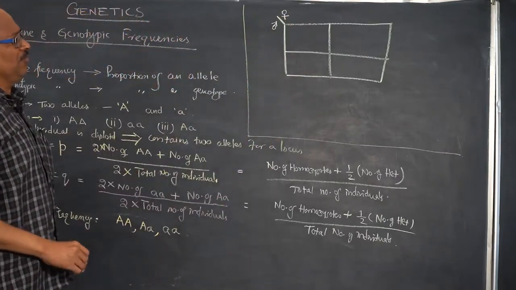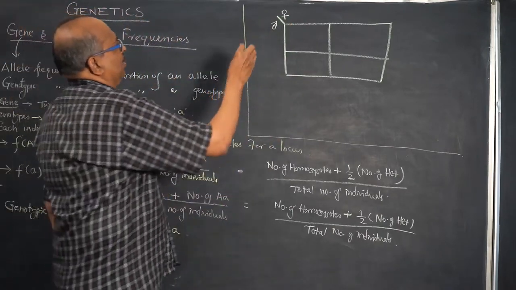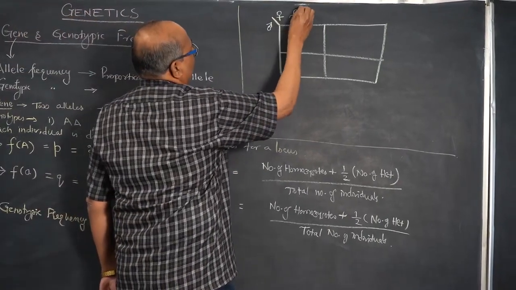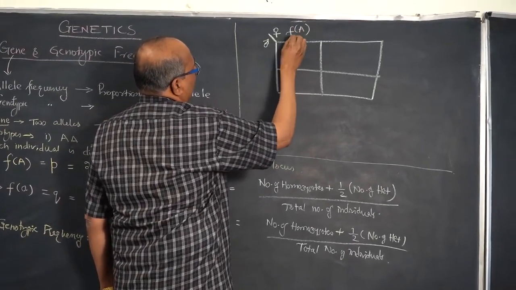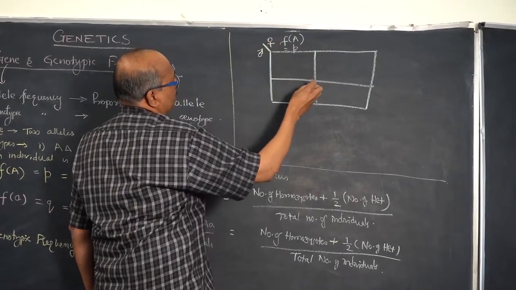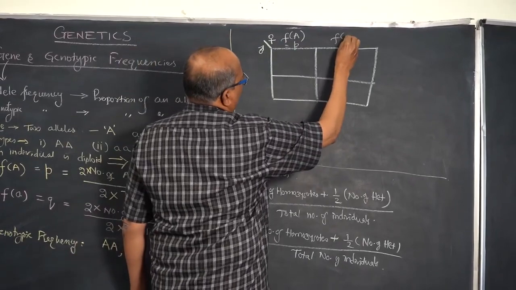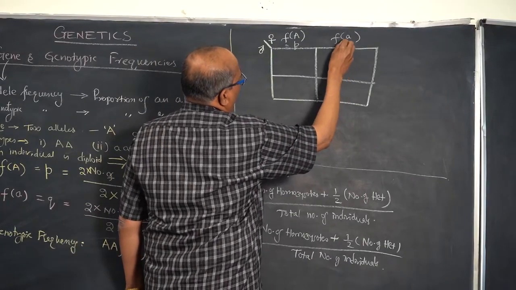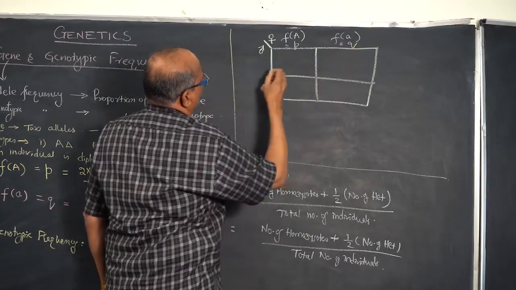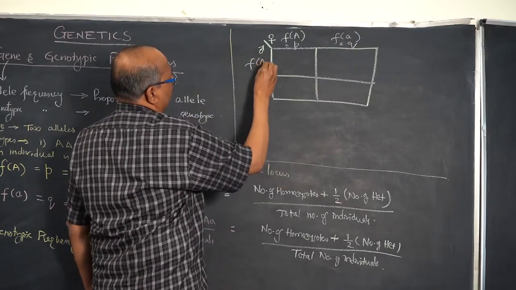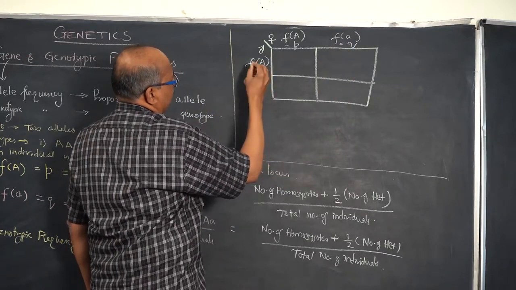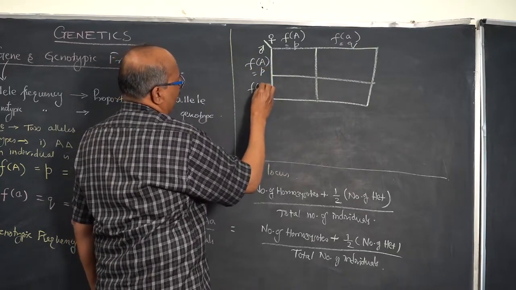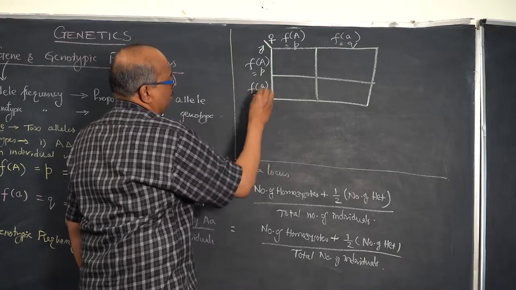This is the general convention. Here, frequency of dominant allele, we already found out as P. Frequency of recessive allele, we found out as Q.